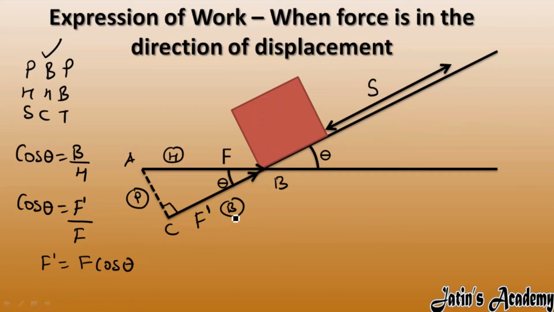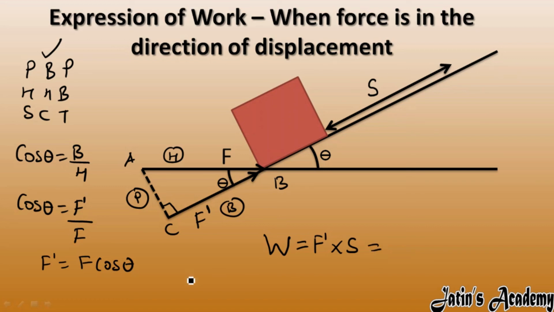So what is the formula of work done? Work done is force in the direction of displacement times displacement. Here we are taking this displacement and force in the direction of displacement.